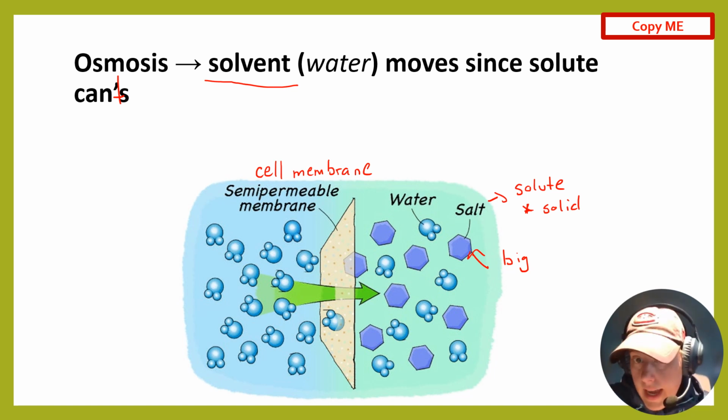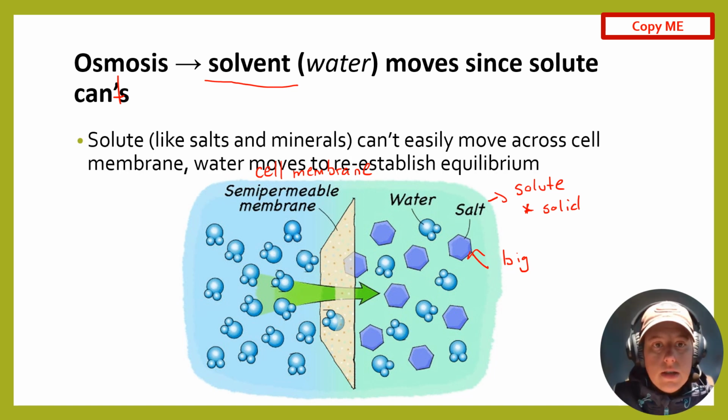The water can. So the water needs to move, in a sense, to dilute the concentration. What's happening right here is that our water has to be moving across the cell membrane to dilute the concentration of our solute because the solute cannot move easily. Solutes, like salts and minerals, can't easily move across the cell membrane, so the water has to move.